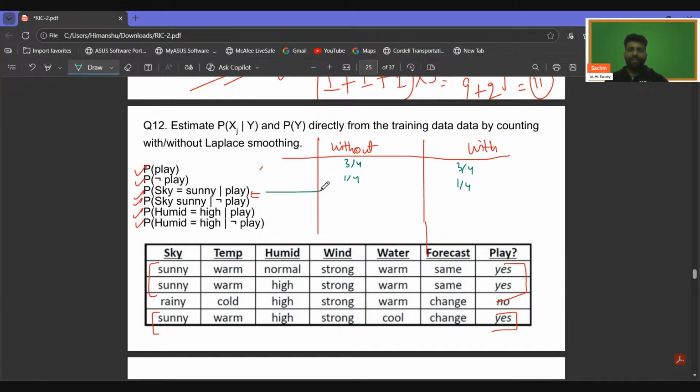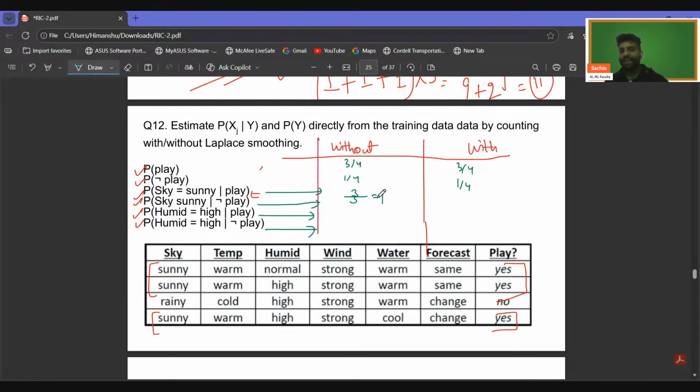If I'm talking about this, then this, then this, then this. Now without smoothing, we had only 3 rows. Out of that, how many had sky equals sunny? All. So that means it is 1.